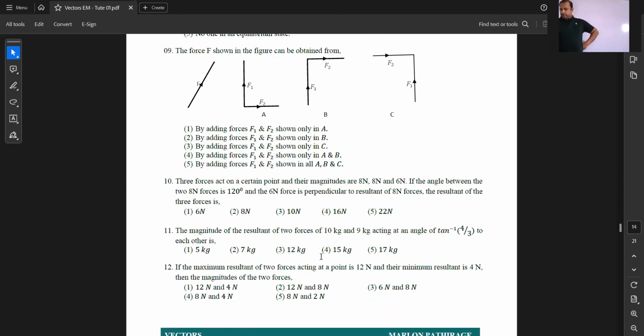Now then, the ninth one. What is the answer for the ninth one?